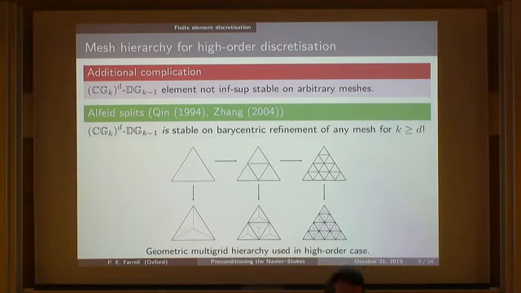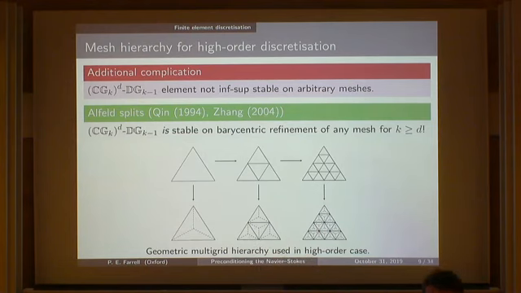Okay, so if I'm doing a multi-grid solver, here's how I build my hierarchy. You give me a mesh, and then I'll do a barycentric refinement in order to guarantee stability. Then, if I want to build a multi-grid hierarchy, I'll go back to the original mesh, do a uniform refinement, and then a barycentric refinement of that, and keep going like that. So these are the grids that I'll actually use in my multi-grid scheme.